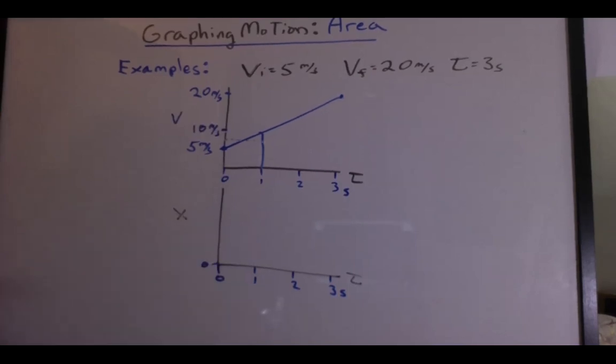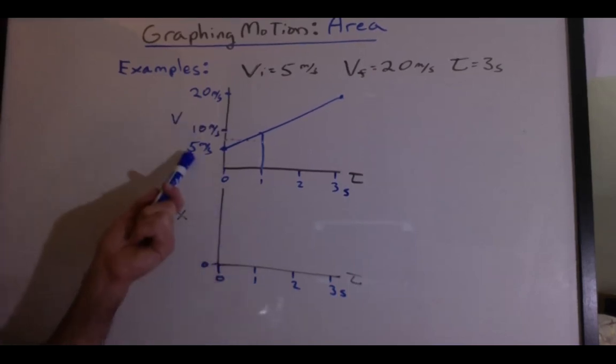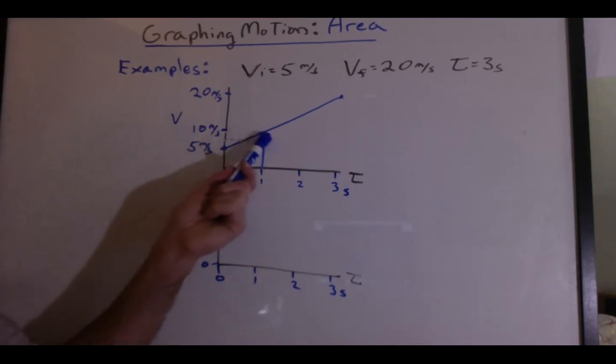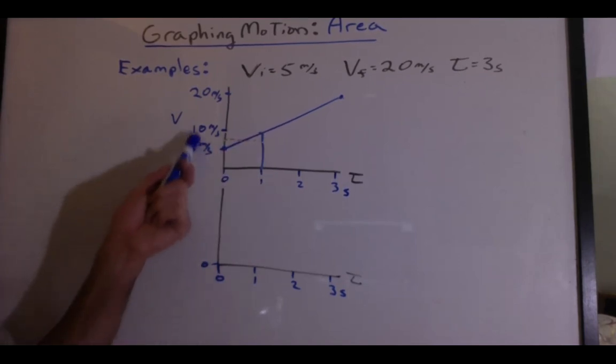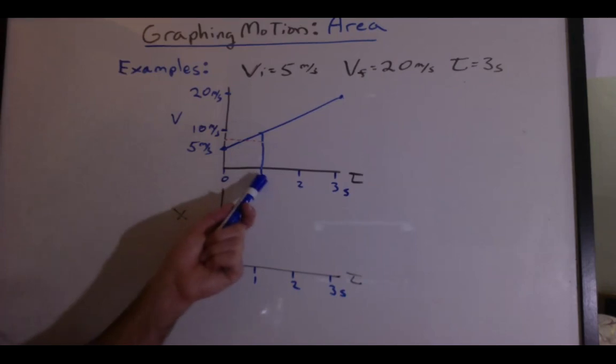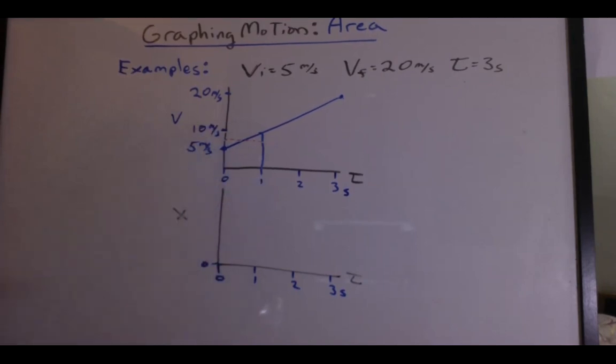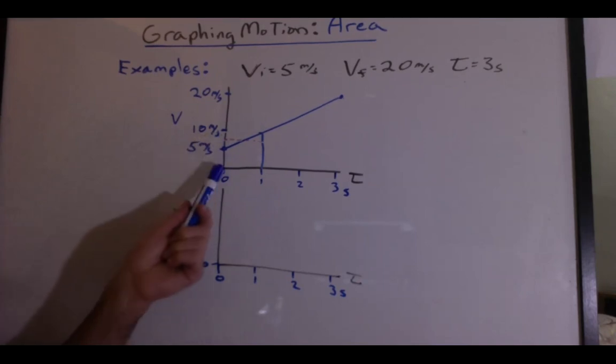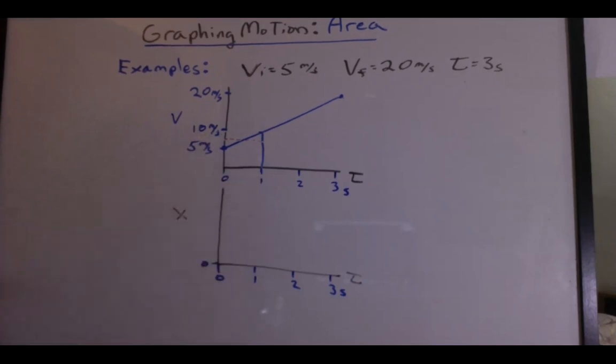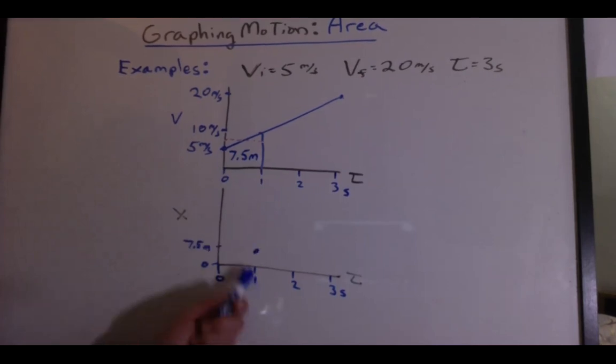The easiest way to find that area is to take the average velocity for this segment. Because we're accelerating, we're reaching 10 meters per second at the end of 1 second. So my average velocity would be 7.5. What's 7.5 meters per second times 1 second? 7.5 meters. So in 1 second, I've traveled 7.5 meters.